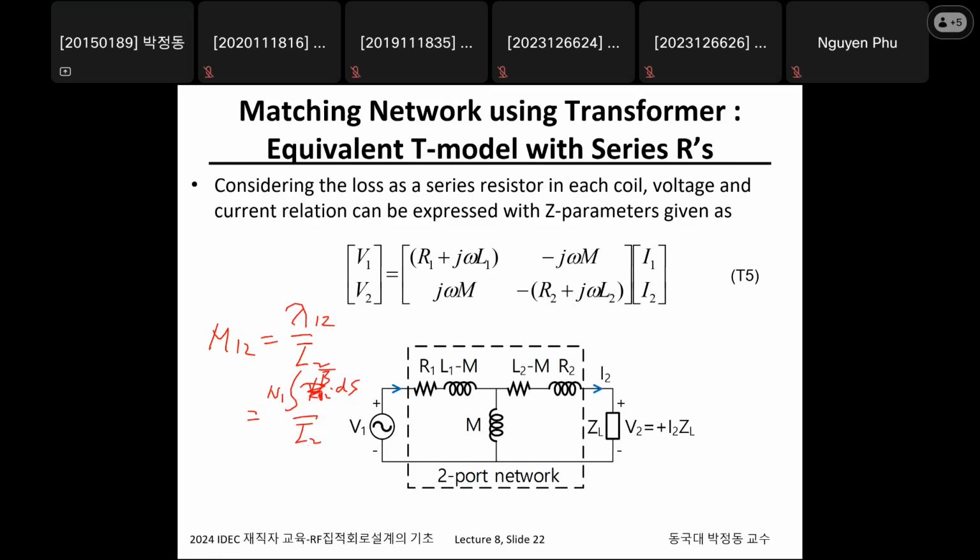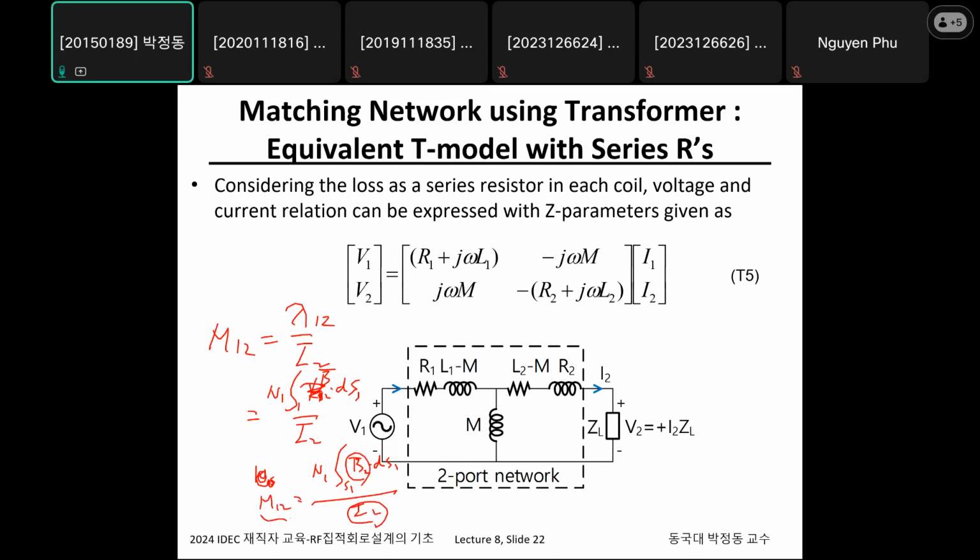Let me just rewrite. Okay. So as can be seen, even in DC, it can be defined. Whenever current conducts, there exists B, even at DC. So mutual inductance also can be defined in DC.